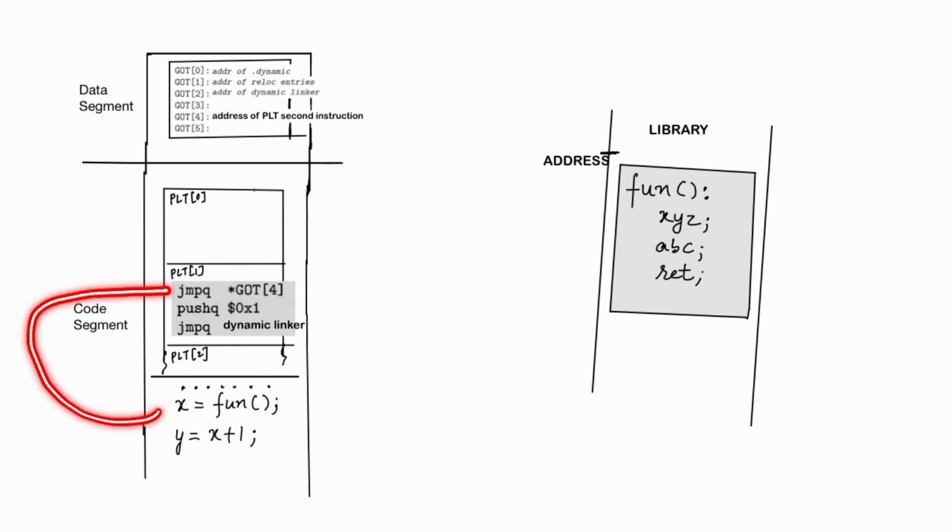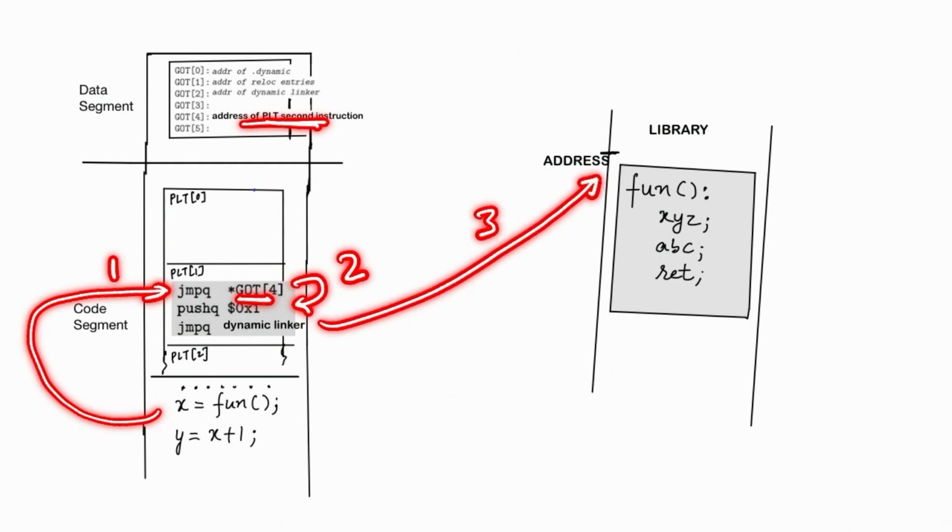An external function call to fun leads directly into its PLT table entry. As expected, the first instruction invokes a jump, a leap into the address stored in the GOT table for that very function. Initially, the address, as we discussed already, points to the second instruction in the PLT table entry itself, which proves beneficial when invoking the dynamic linker for the first time.